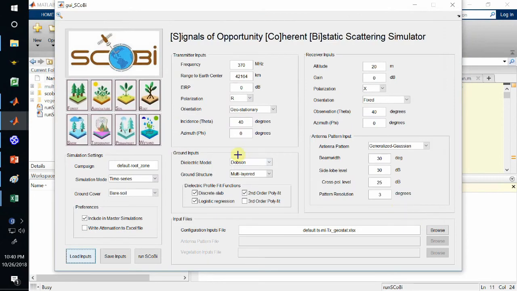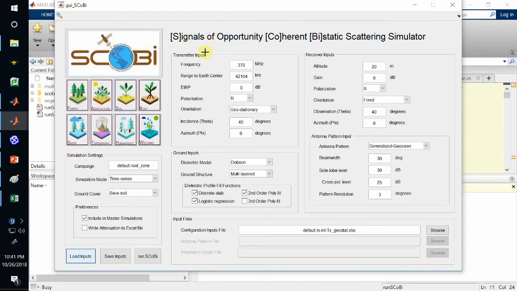I've already got that, so I'm not going to worry about it. Again, this is a time series, and we're not worried about vegetation, so that's why those values are there. For this particular input, we're including it with a master simulation so that you can visualize how that output is going to look whenever it's in a master folder within your output of SCoBi.